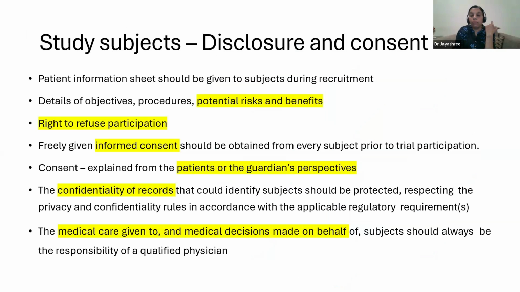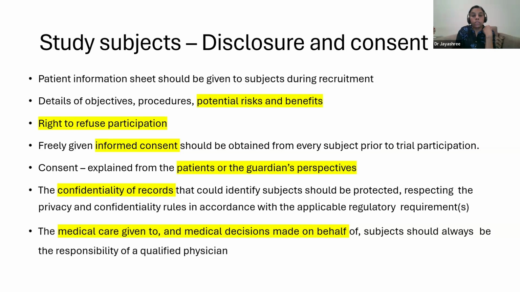Study subjects are a very important component of any research project or clinical trial. Disclosure and consent are probably two important things that, as investigators and stakeholders, it is important for us to talk about with the parents or the patients if they are within that particular age group. So an elaborate patient information sheet should be given to all the subjects during recruitment.